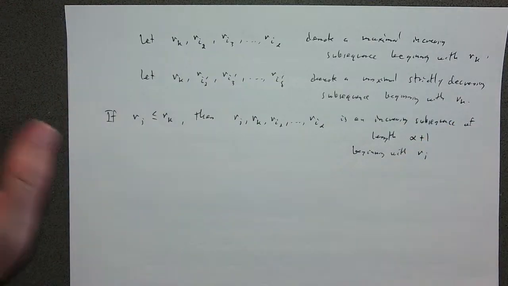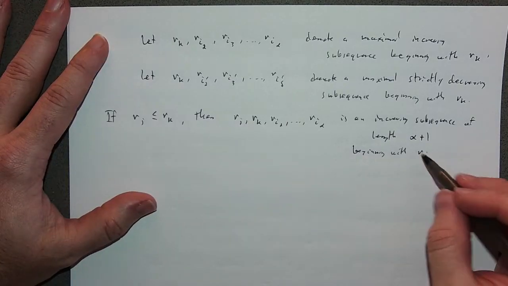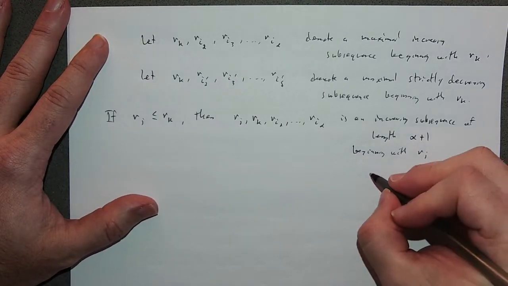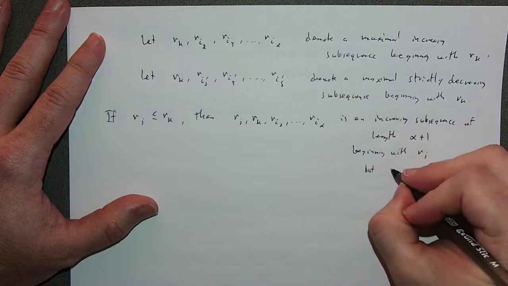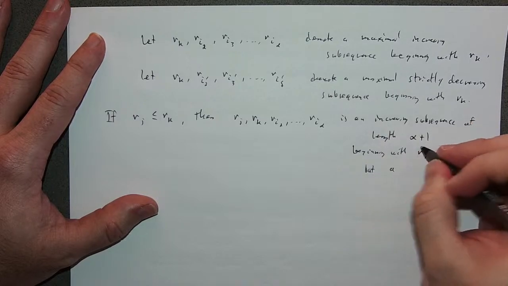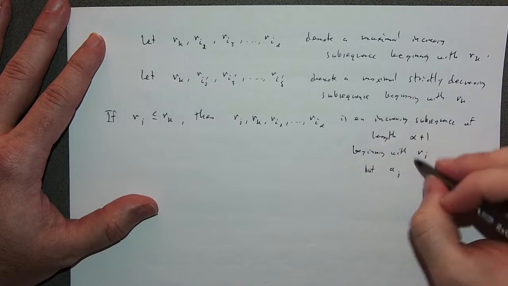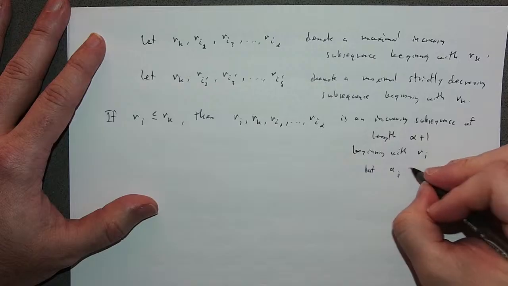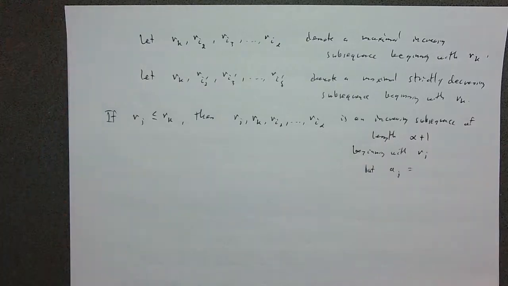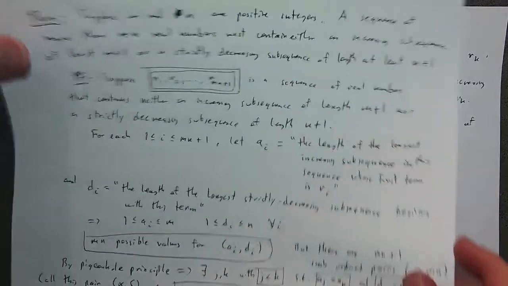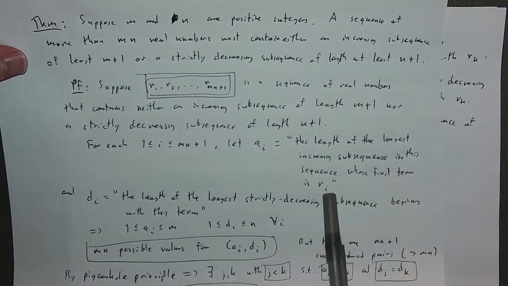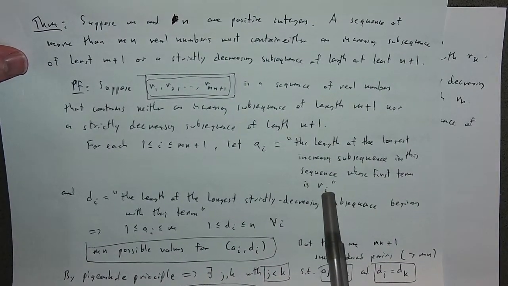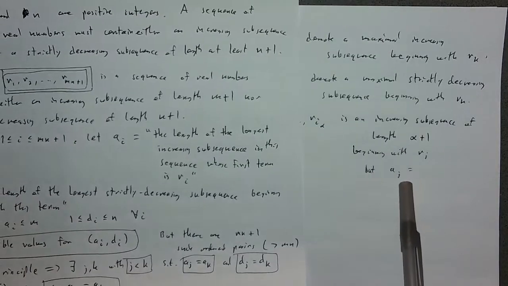But a sub j is equal to, well, the length of the longest increasing subsequence in this sequence whose first term is r sub j in this case.